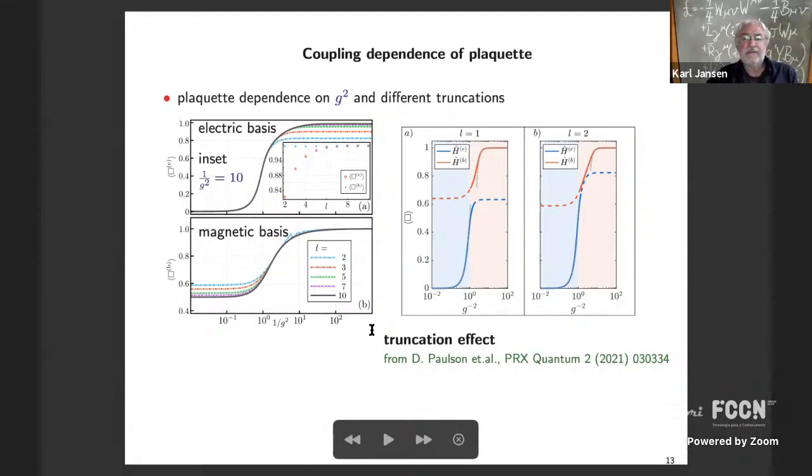Okay, so this is really what we wanted to see, and we were really happy to see that this matching happens already with a truncation of 2, at least for this U1 gauge theory.